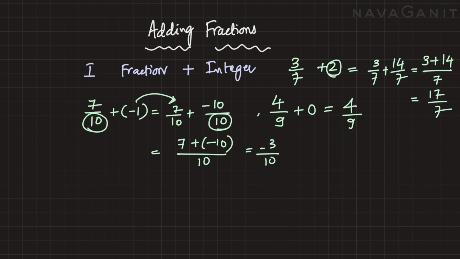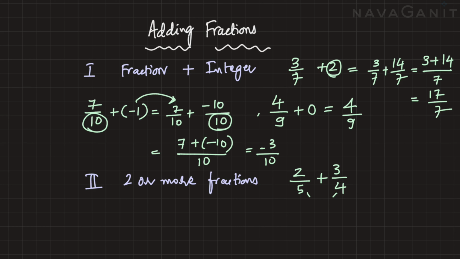Now what if I need to add 2 or more fractions? For example, say I need to add 2 by 5 and 3 by 4. So in this case, I first take the LCM of 5 and 4, similar to the way we were comparing 2 by 5 and 3 by 4.